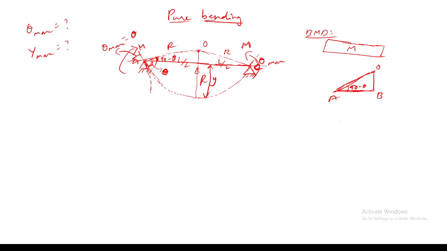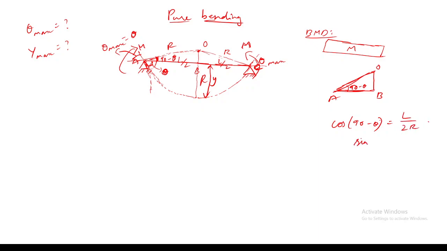So now I want cos theta, which is cos of 90 minus theta. It will be L by 2 by R, which means L by 2R.